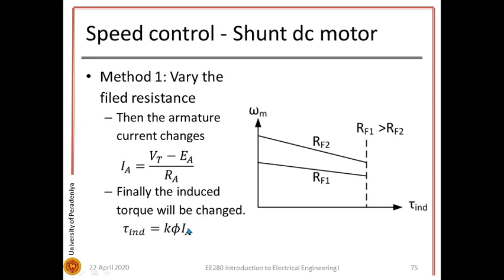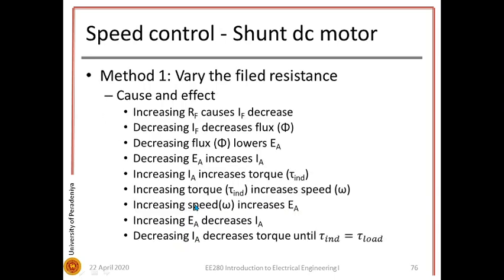If you increase the field resistance, flux is going to reduce. If flux is reduced, then internally generated voltage is going to reduce. That means IA is going to increase. So you would see a decrease in flux and increase in the armature current. So we will see what is really going to happen.